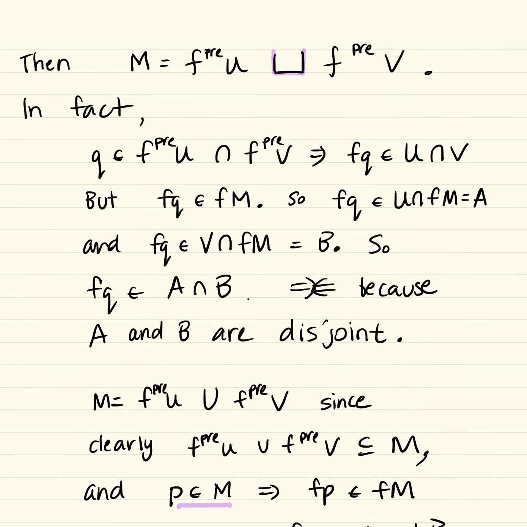All right. The last thing we need to show, so we've shown that M is the disjoint union. Now we need to show that this is clopen in M, and also that this set is clopen in M. That will give us a separation.